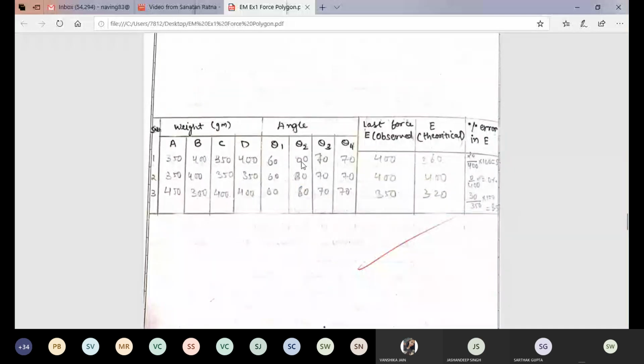Angles are there, theta 1, theta 2, this is 80, okay, 70, 70. So for these values, try to make the polygon. I am waiting for your answers. Just make the polygon and show it to me.